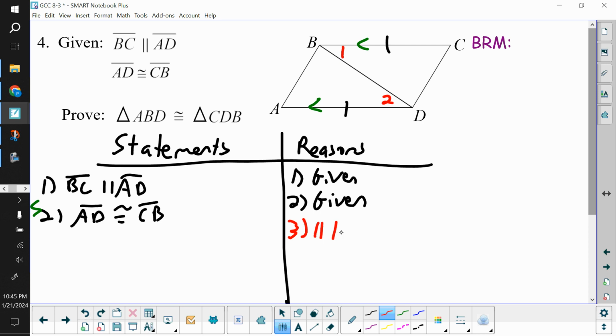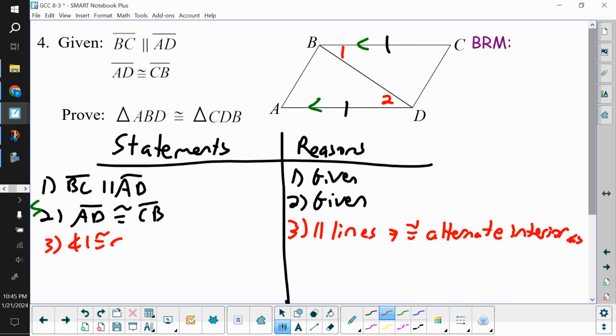And we'll do our parallel lines implies congruent alternate interior angles. And our statement will be angle 1 congruent to angle 2. I'm going to put our arcs in, and we'll put an A here.